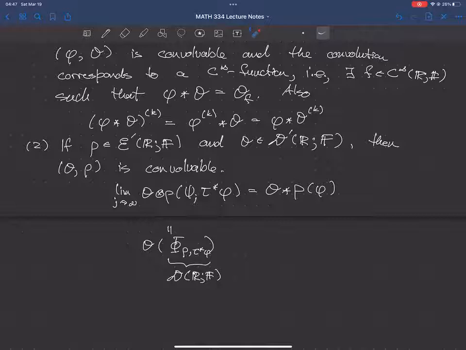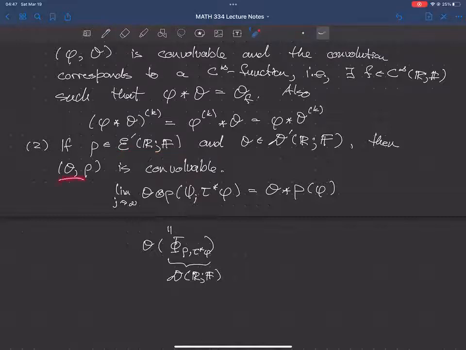Right. And so the point is there's a trade-off here. You have to have some support conditions. You can put the support condition on phi or on rho. And in this case, we're putting it on rho. Okay. All right, so that's how convolution with something in E prime works.